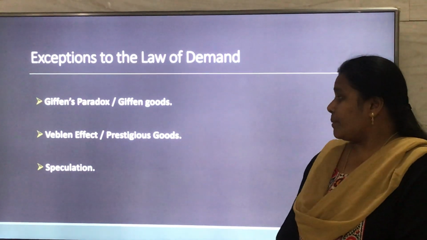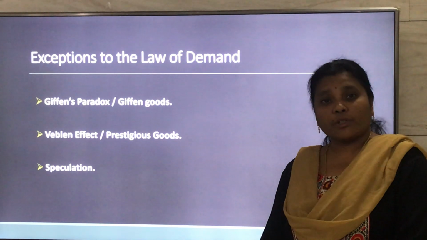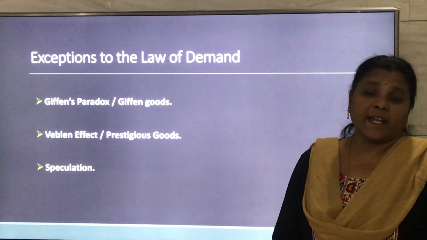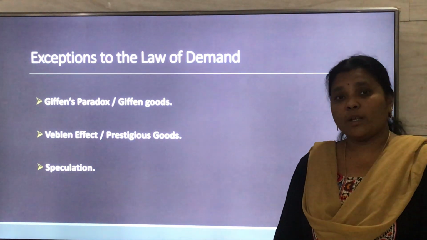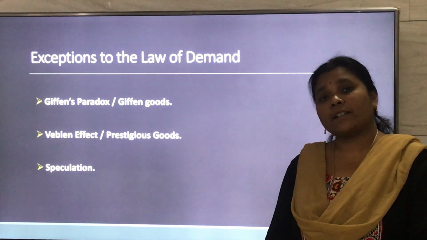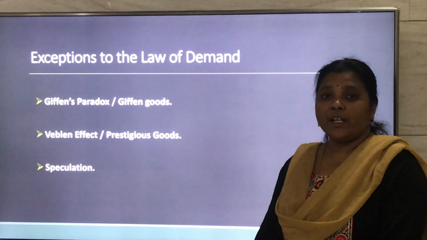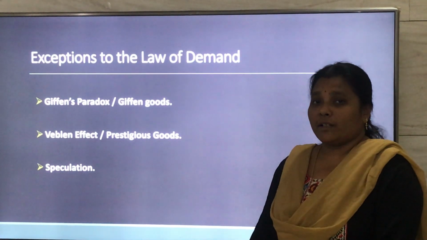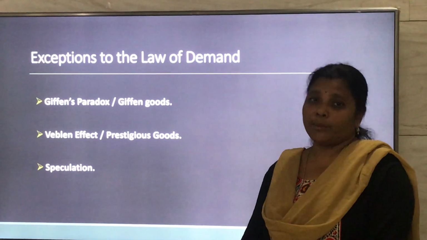So prestigious goods are goods whose demand increases with the increase in price and decreases with the decrease in price, and there prevails a direct relationship between price and quantity demanded, because of which there is a positive slope of the demand curve.